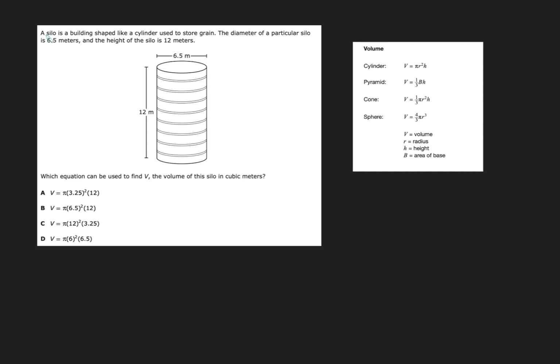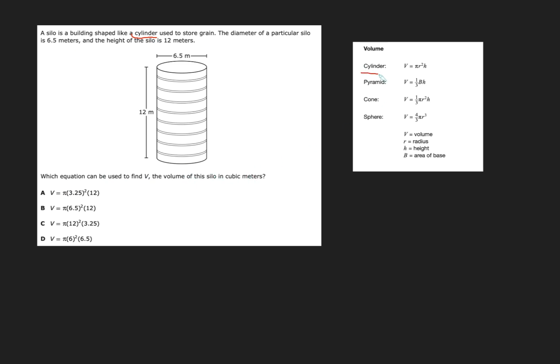It says a silo is a building shaped like a cylinder used to store grain. The diameter of a particular silo is 6.5 meters and the height of the silo is 12 meters. Which equation can be used to find V, the volume of the silo, in cubic meters?